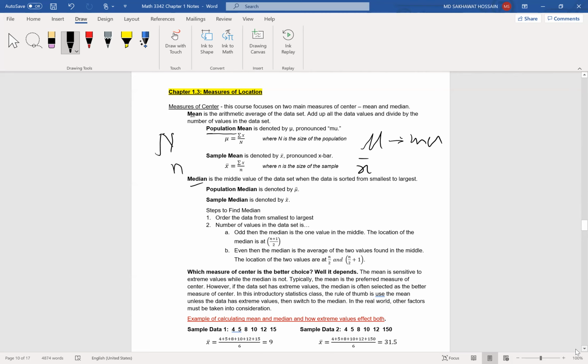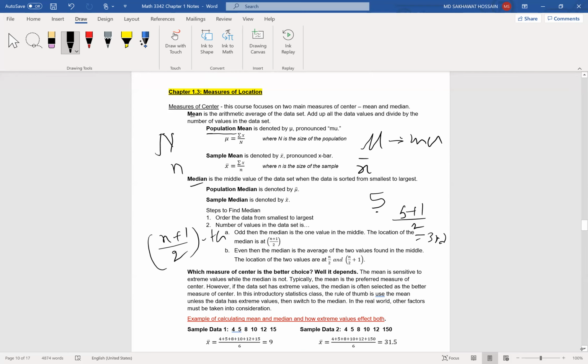So how do we calculate the median? If the number of values in the data set is an odd number, that means if you have 5 observations in your data set, then the median is the (n plus 1) divided by 2 observation. For example, if you have 5 observations, the median will be 5 plus 1 divided by 2, that means the third number.